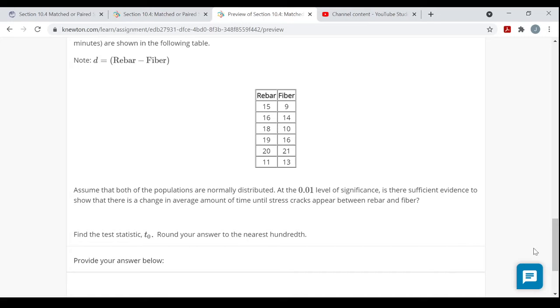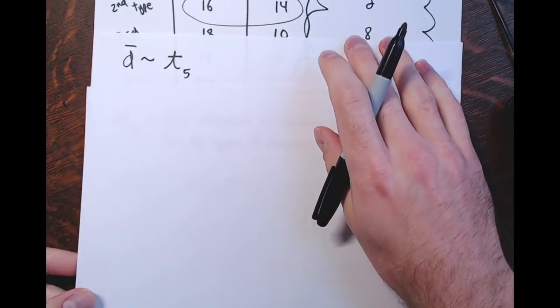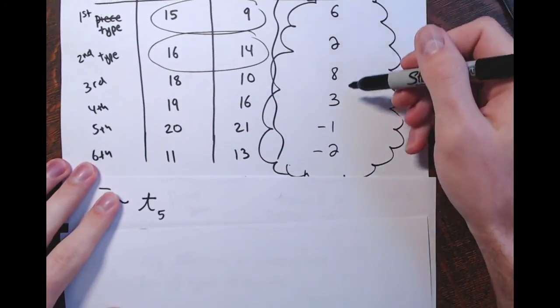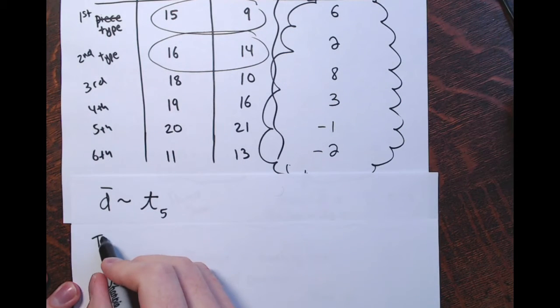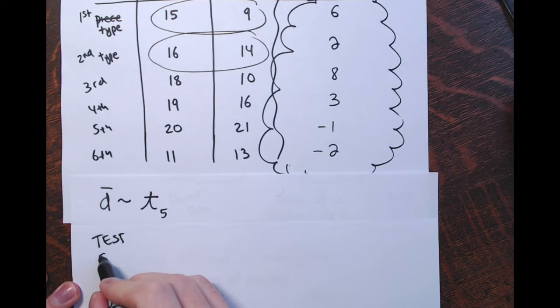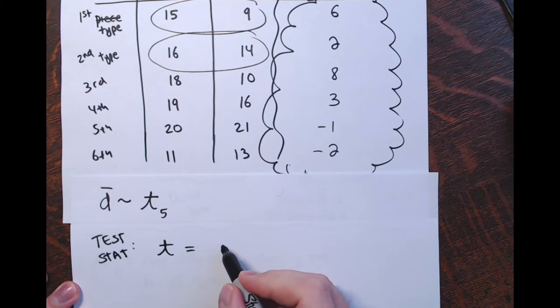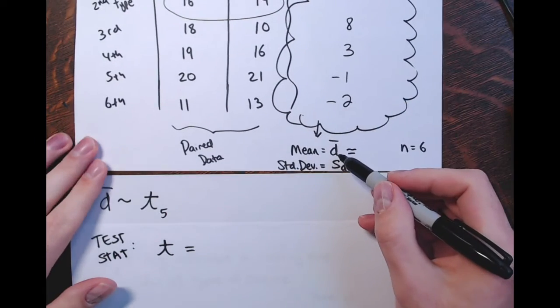We're working with a t-distribution with 5 degrees of freedom. And I've written this out in previous videos. This is our sample of differences here. The test statistic is a t-score. And we're going to take the average of all these differences.